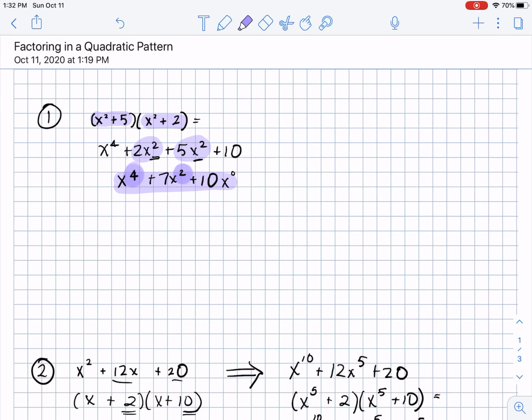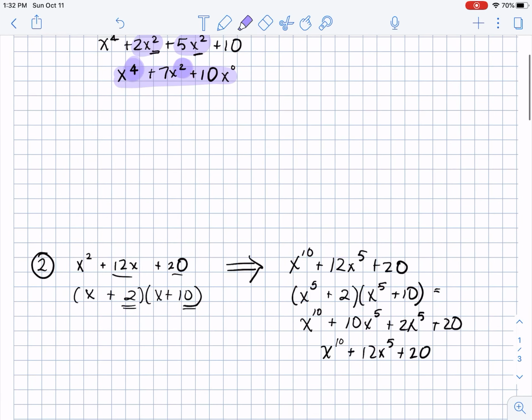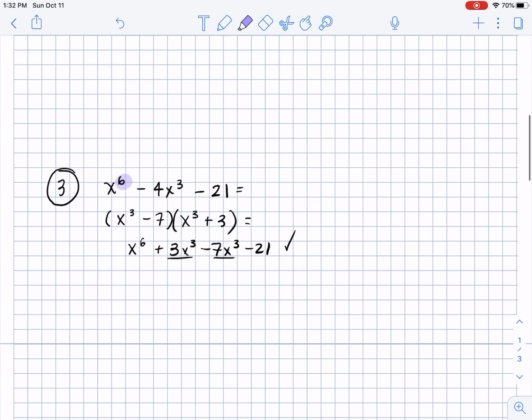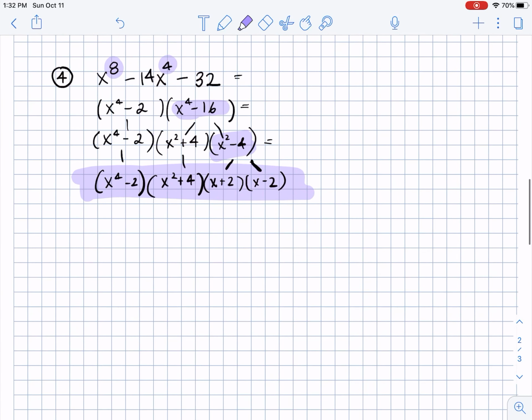They might be quartics. They might be to the 10th degree. They might be to the 6th degree. But we can use what we know about factoring quadratics to factor them, and then know that I love to put in a little difference of two squares whenever I can. So keep factoring. Factor completely.